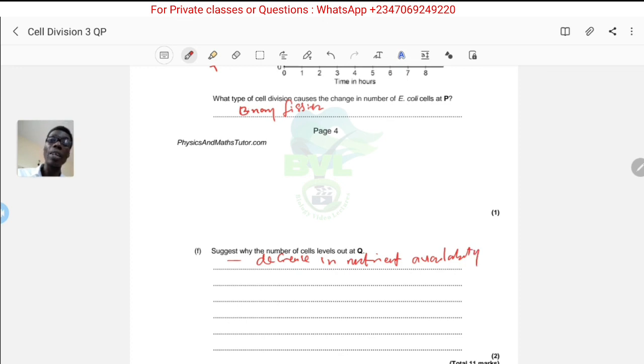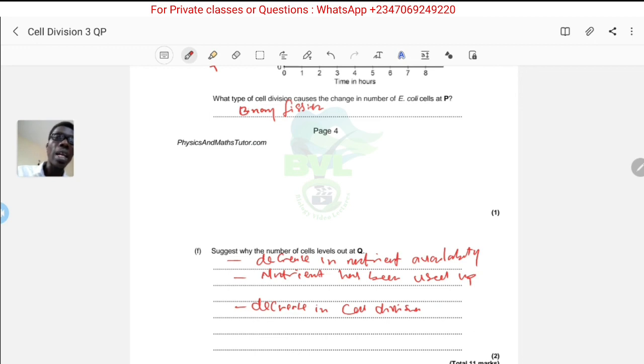So it's like they've used up. You can also say nutrient has been used up. That's the way. Now, what does that lead to? That leads to decrease in cell division, decrease in binary fission.